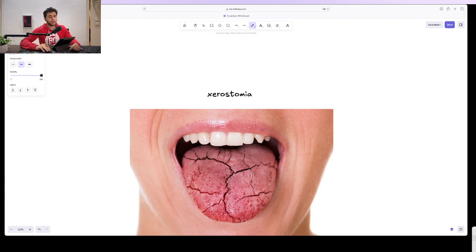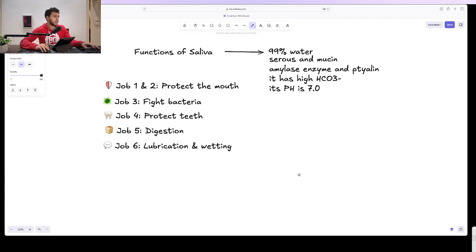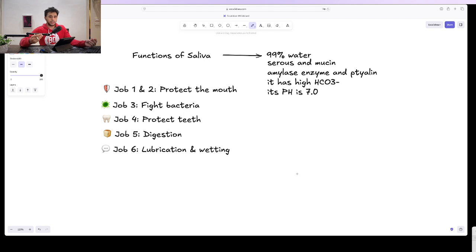So it's important for our mouth to stay wet all the time, and also to talk fluently and to speak loud. We also need our mouth to be wet.